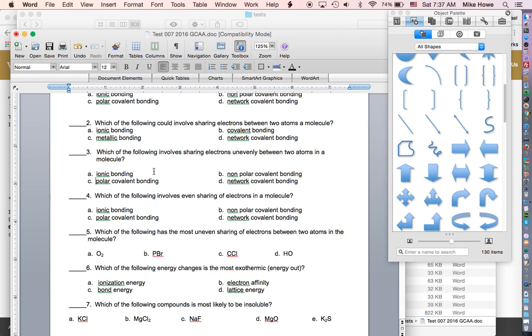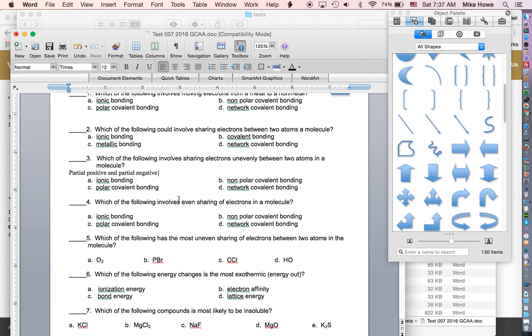Now, technically, those are really considered partial positive and partial negative, which means that the charge is not as extreme as it is in an ionic bonding situation. Okay, so sharing unevenly, polar covalent. And then, of course, even sharing would be covalent, but it would be nonpolar. So there'd be no positive end, no negative end, nonpolar.